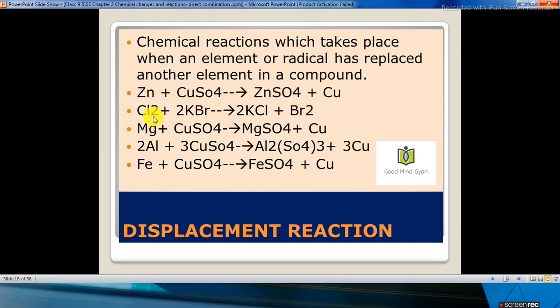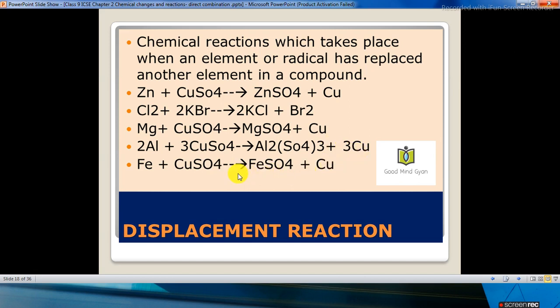Similarly, in the second reaction, chlorine and potassium bromide, chlorine combines with potassium to give potassium chloride and bromine is displaced. In the third reaction, magnesium reacts with copper sulfate to give magnesium sulfate and copper is displaced. In the fourth reaction, aluminium combines with sulfate to form aluminium sulfate and copper is displaced.